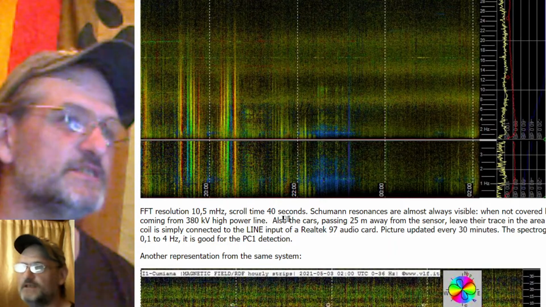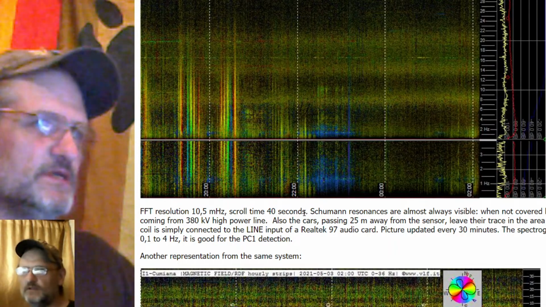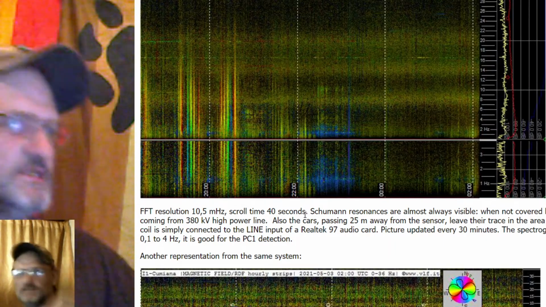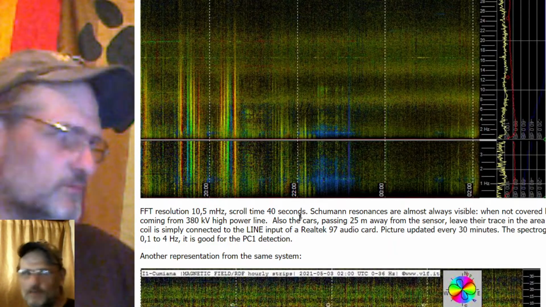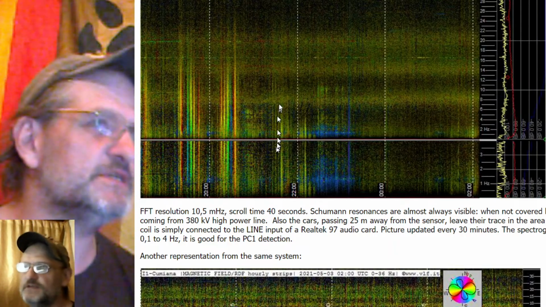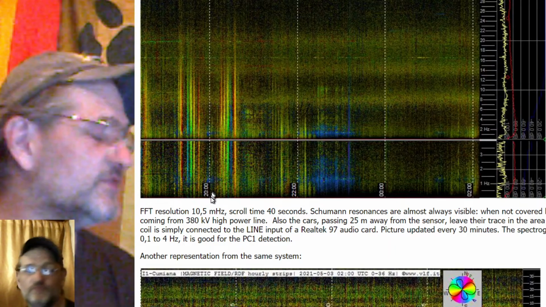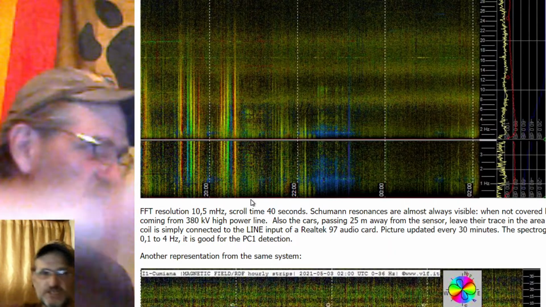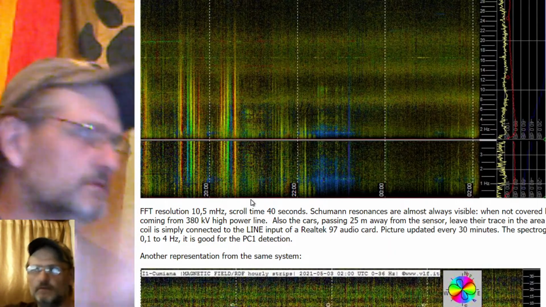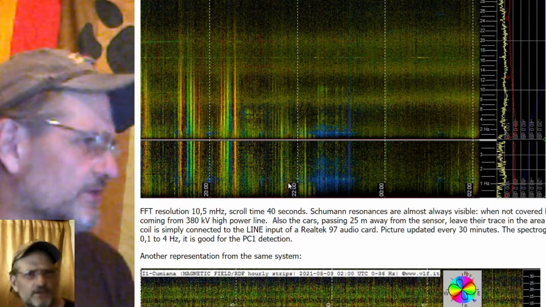Scroll time 40 seconds. So it's scrolling on. That's your sample rate, 40 seconds. Scroll time, it's like boom, every 40 seconds, it moves on. You can see, so that's what these demarcations are. Why these actually look like pencil spikes is because it's a scan. These are 40-second scrolls.